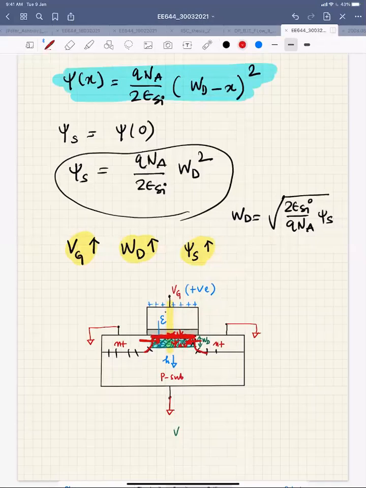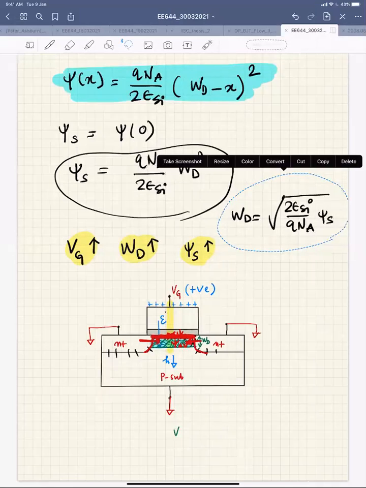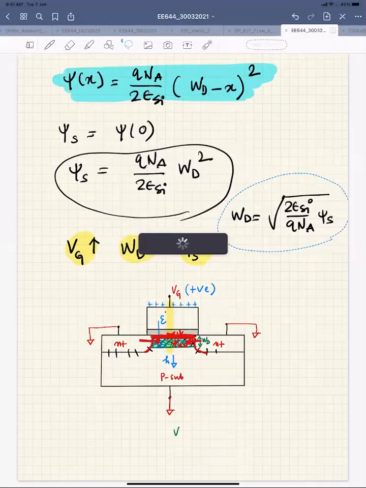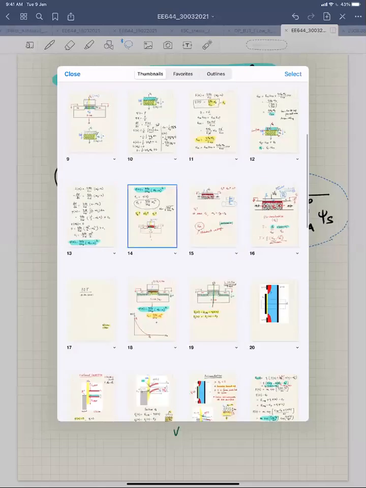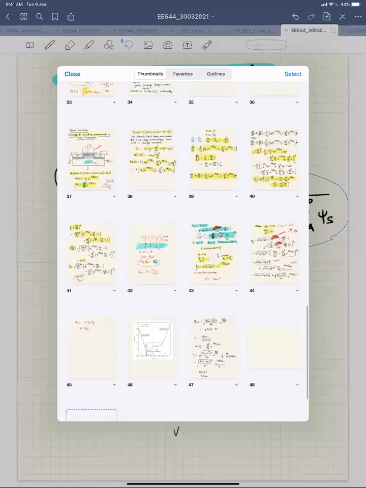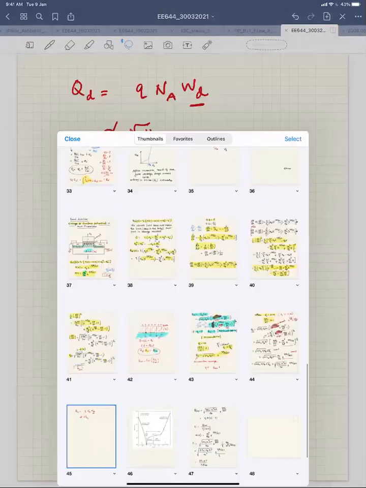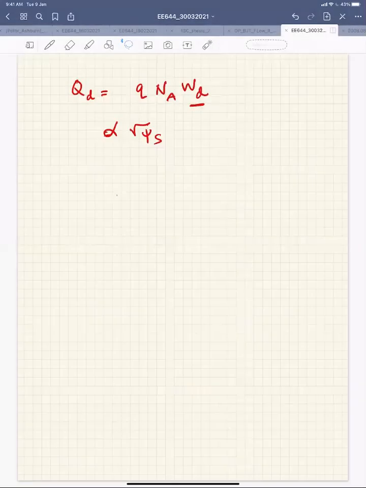Yeah, here. So your wd is this, we had derived, right? If you go back, you see this is your wd.